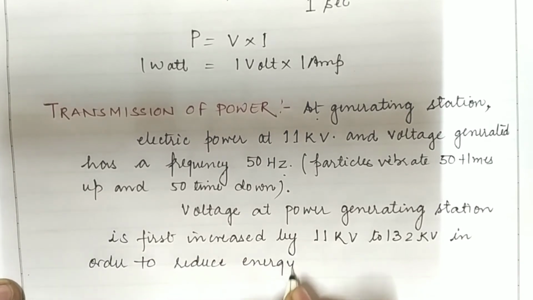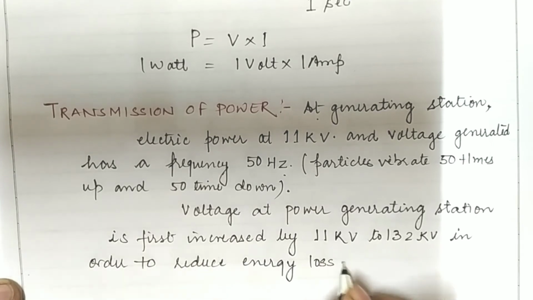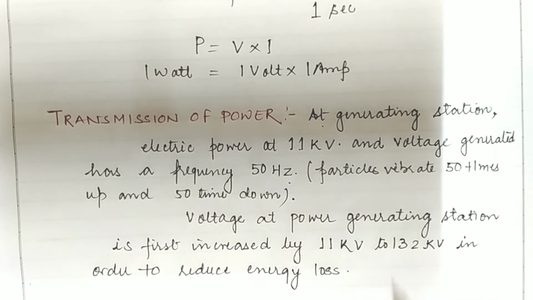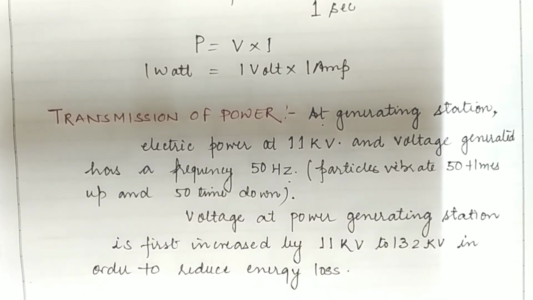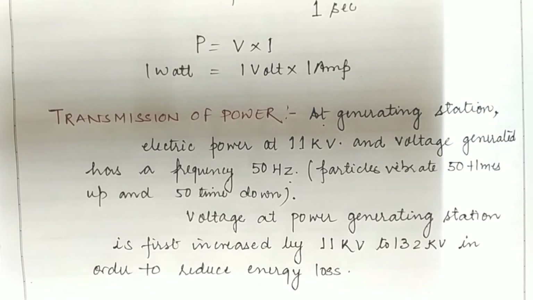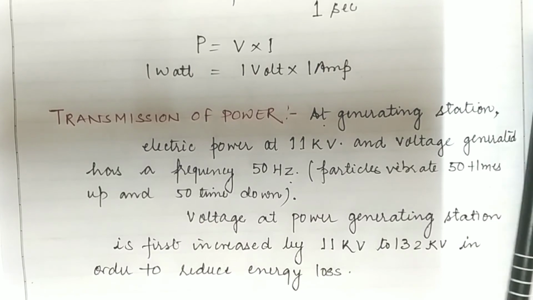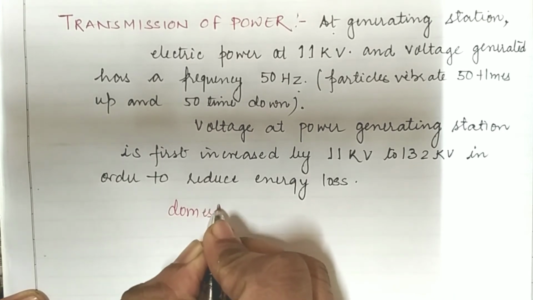Because to transmit a large amount of energy, we require a system having less energy loss. That's why it is first converted from 11 kilovolt to 132 kilovolt, so that with less heat dissipation the power can be transmitted from one place to another, and in this way we can supply the power to a house.